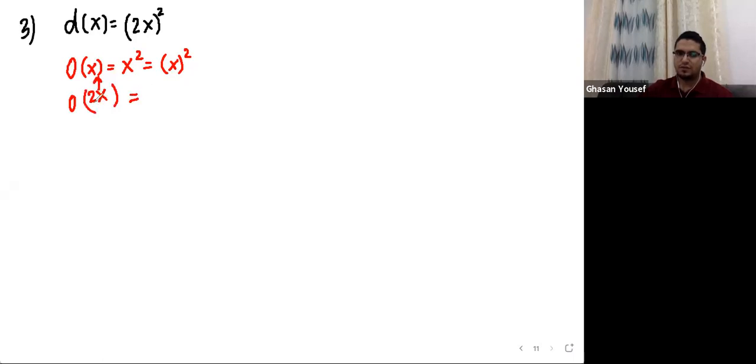Now, when you substitute 2x inside the function, you will get 2x to the power 2. Now, this value here is the same as this value, and this is equal to d of x. Now, d of x is the same as O of 2x.